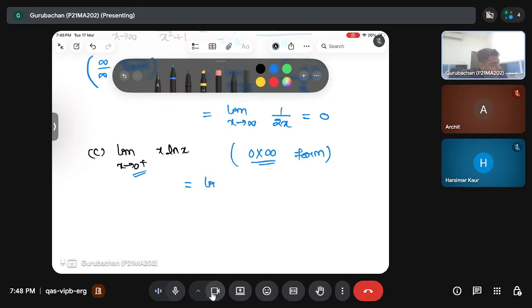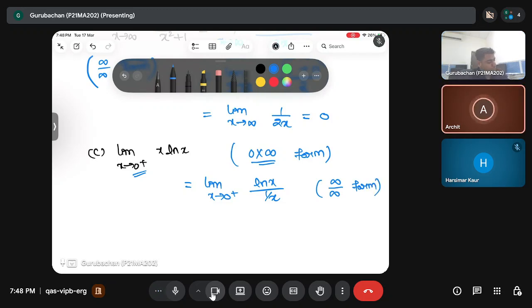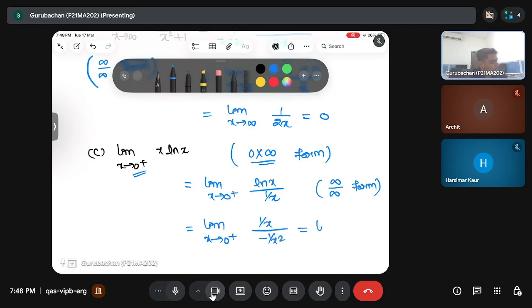You will rewrite it in this sense: ln x divided by 1 by x. Now what is the form? Is it infinite by infinite form? Yes, sir. So now differentiate this one. This will be 1 by x, this will be minus 1 by x square. So this will give you limit x tends to 0 positive of minus x. So this will give you 0.